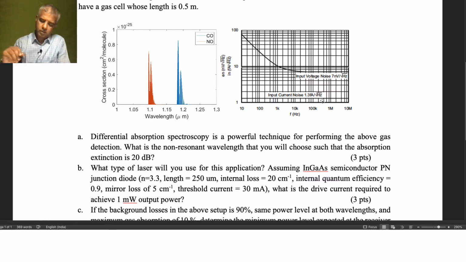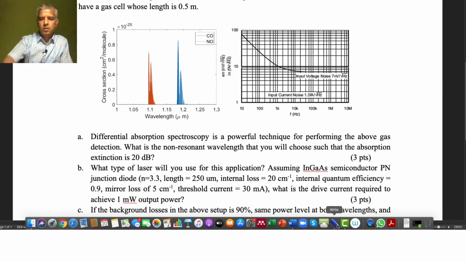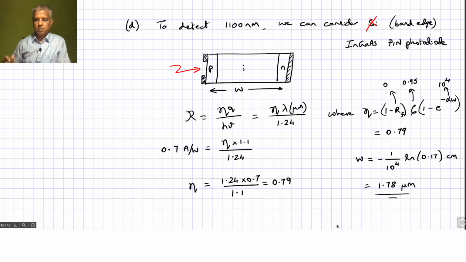That just gives us 1.3 femtoamp per root hertz. So we are supposed to use this for building our transimpedance amplifier. So, let us go back to this. Let us take a fresh page once again, and let us try to do a noise analysis.